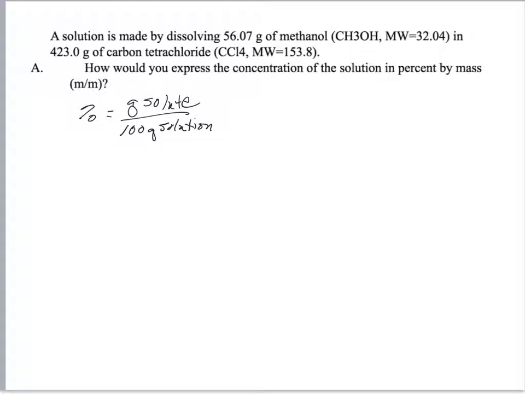So if we have 56.07 grams of our methanol, then we're going to have the 56.07 grams of methanol plus the 423 grams of carbon tetrachloride, right?